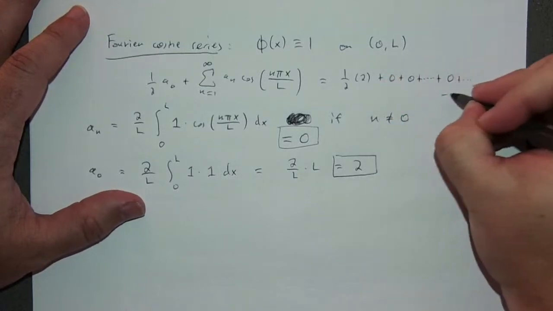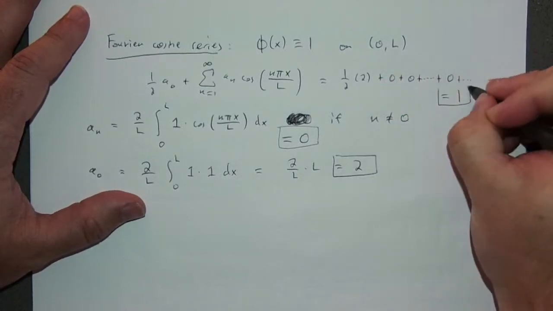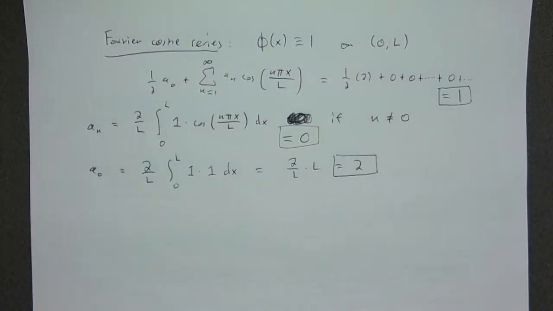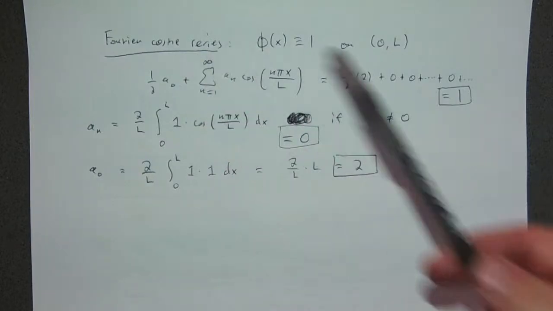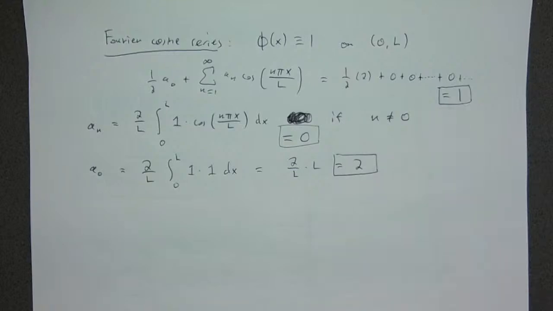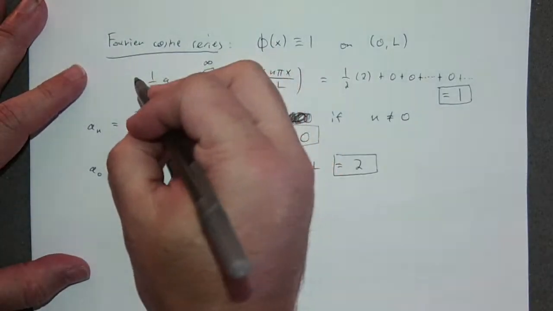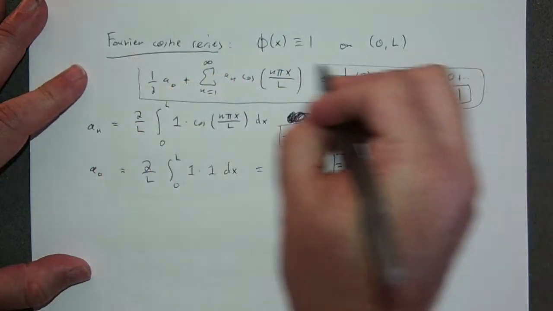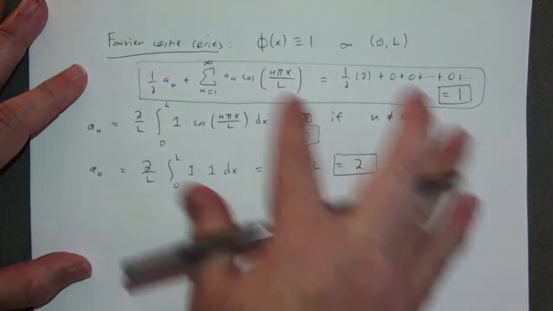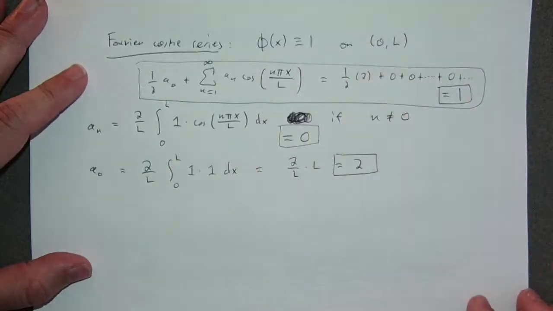So this is just 1. So the Fourier cosine series is actually trivial for this function, in a sense. The Fourier cosine series is actually trivial for this phi.